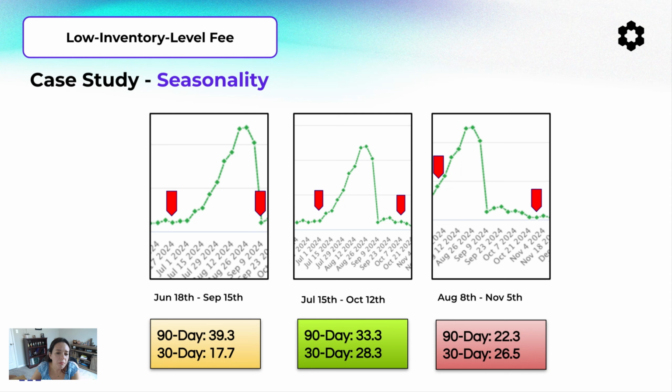When you get midway through your sales season, you're safe as well. But as you start to move further and further out, about 2 months away from your sales season, you can get to the point where you're incurring the low inventory fees. So that just gives you a pattern of what to watch for.